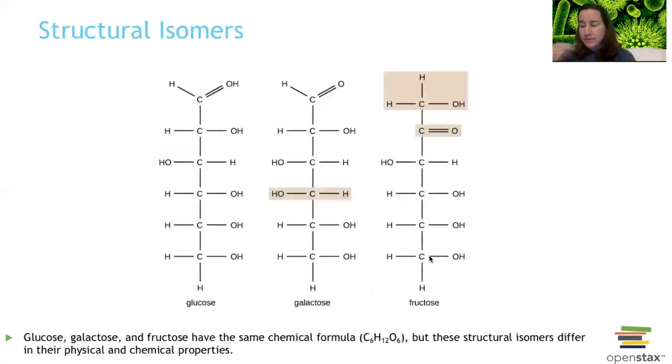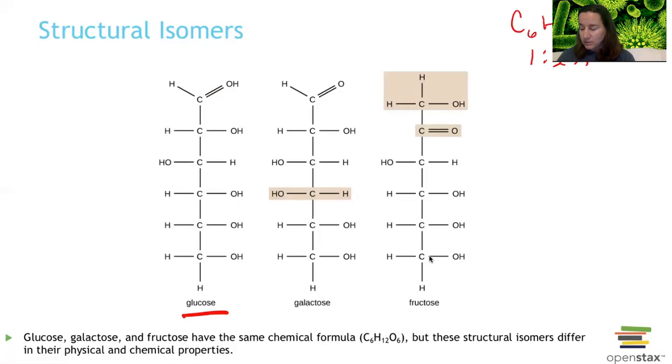Isomers. So if we talked about glucose, if we wrote this down, it would be C6H12O6. For our carbs are always going to be in a 1 to 2 to 1 ratio. If we took C6H12O6 and we made glucose, this is how it would be if we took it out of its ring formation and drew it as a chain.